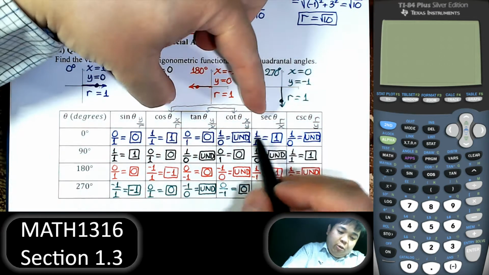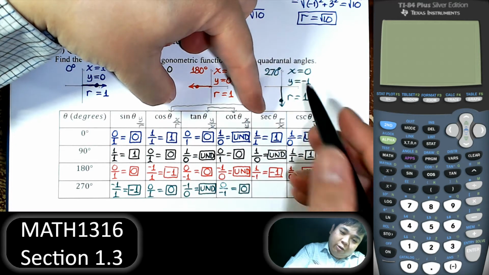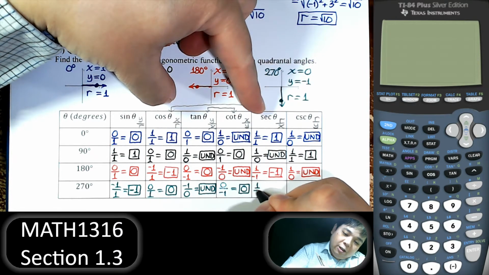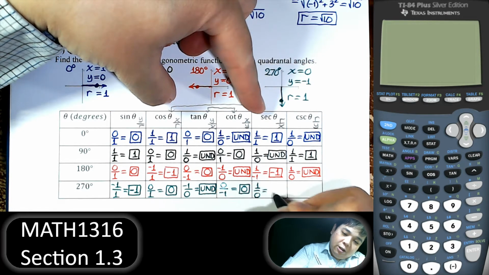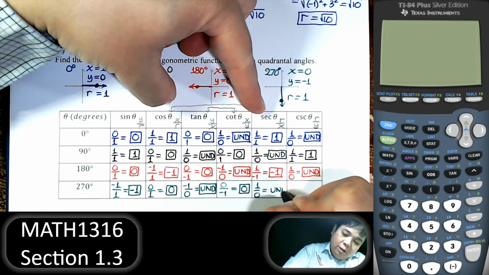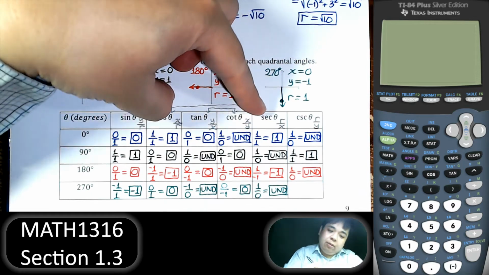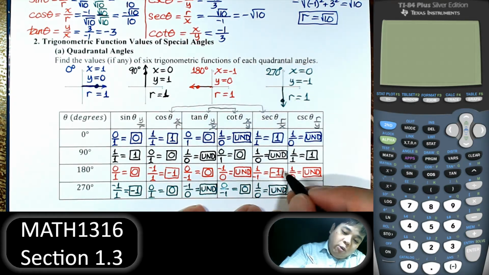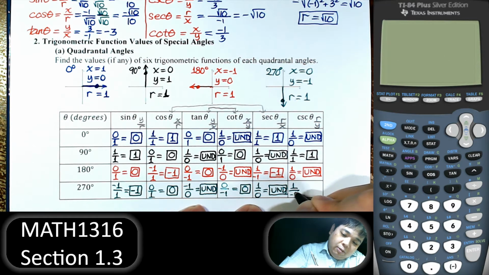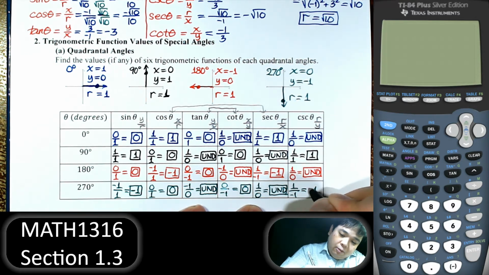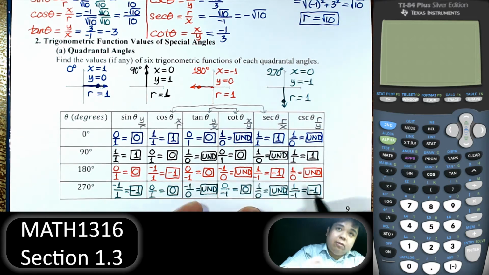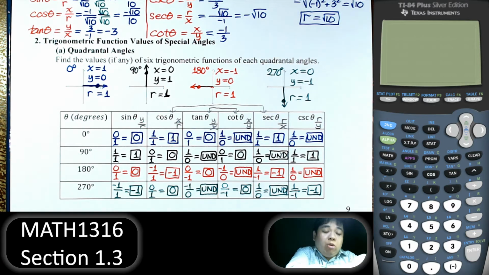Secant is the reciprocal of cosine, so r over x, and r over y. Right, like I said, just straight from definition.